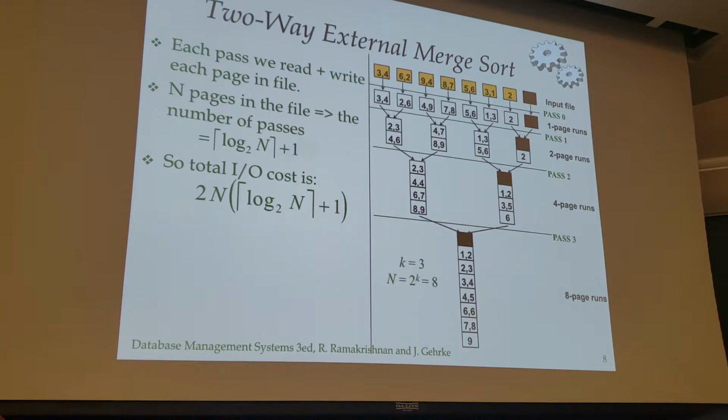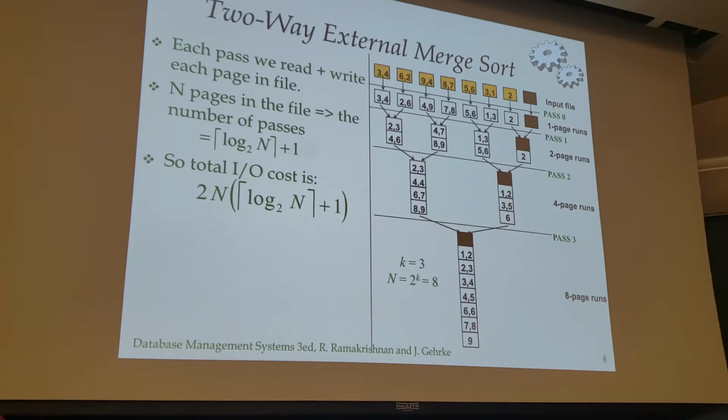So what's the total I/O cost? The number of pages that you have to read is going to be n. The number of pages that you're going to have to write in each pass is also n. Read and write each page once per pass, including in pass 0. So how many passes?